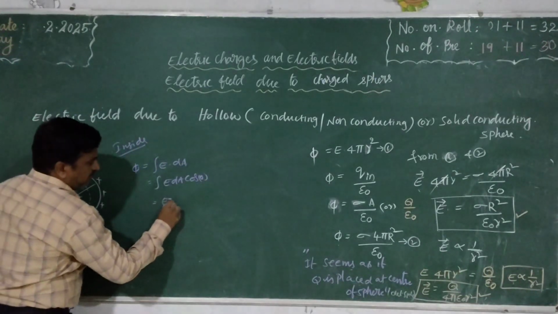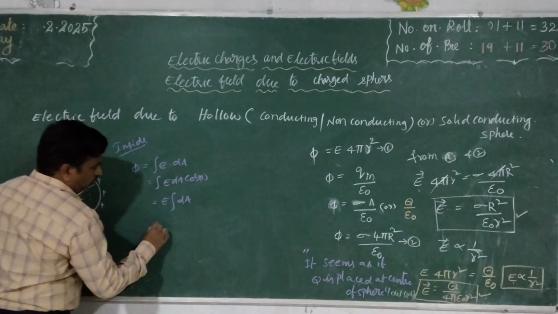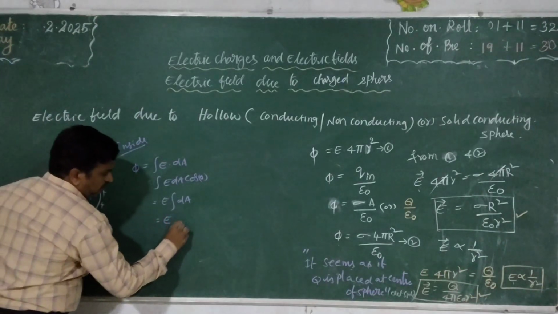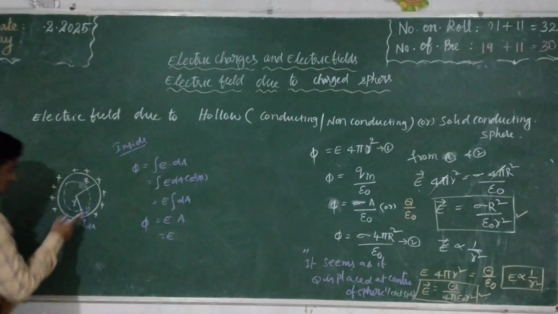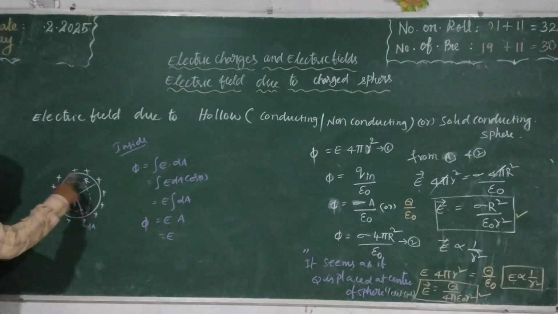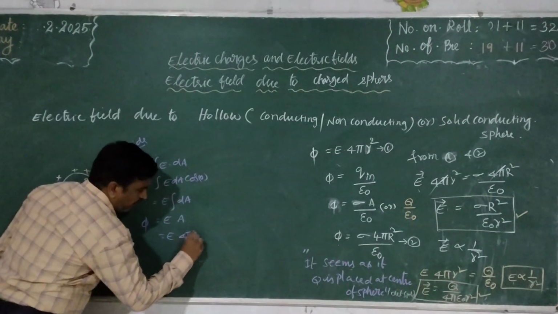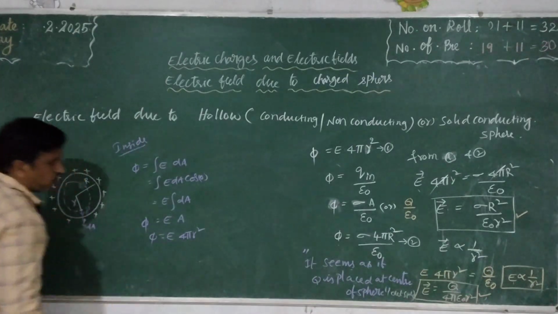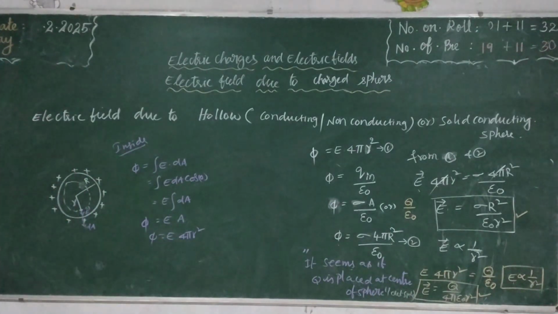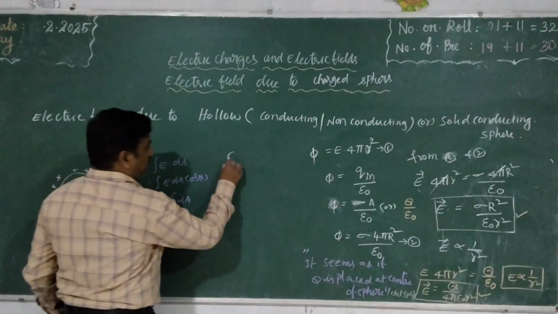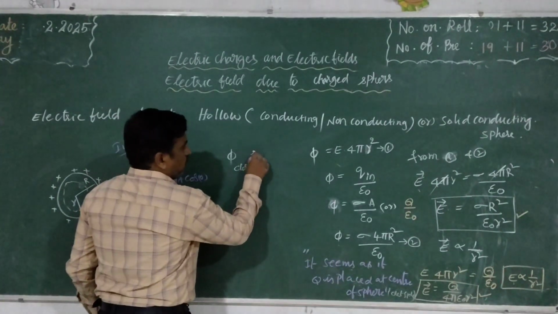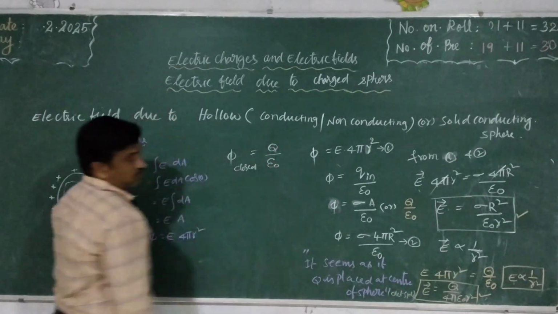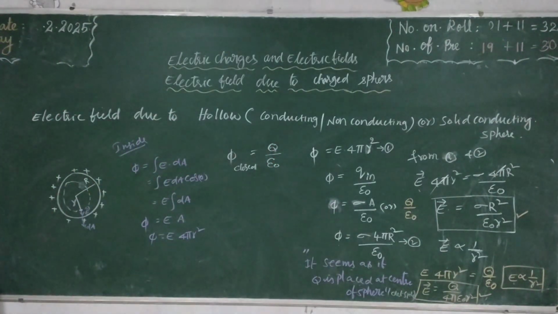E is the same, so we can write dA, and integral dA means A. So phi equals E times the surface area of this Gaussian surface, which is 4 pi small r square. So phi equals E 4 pi r square. According to Gauss law, the net flux through a closed surface is 1 by epsilon naught times the net charge enclosed by the surface.